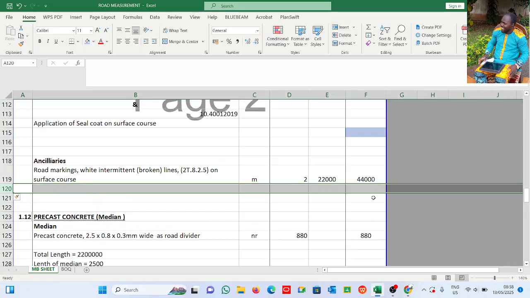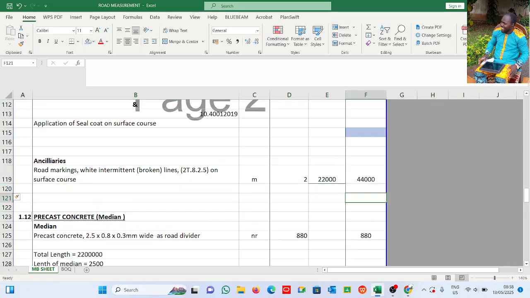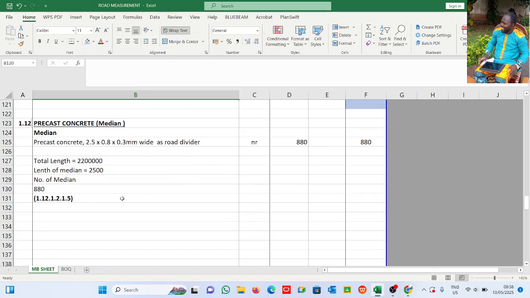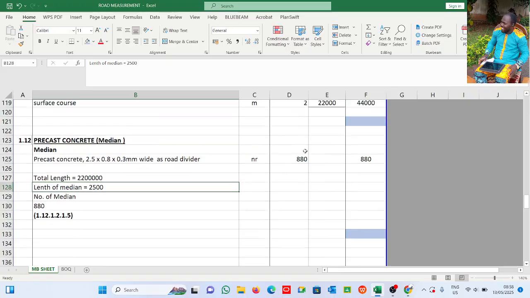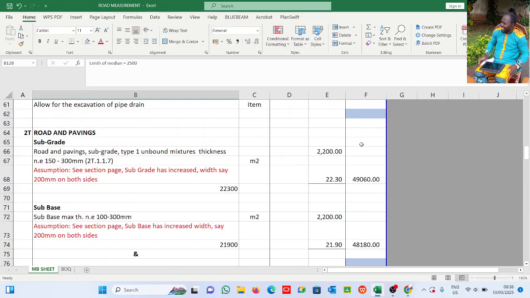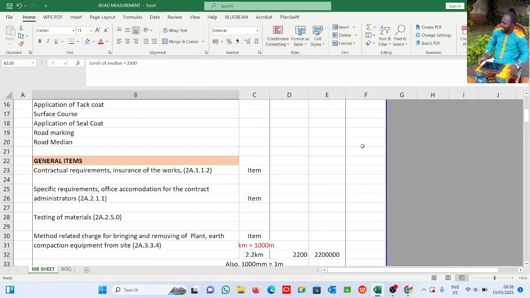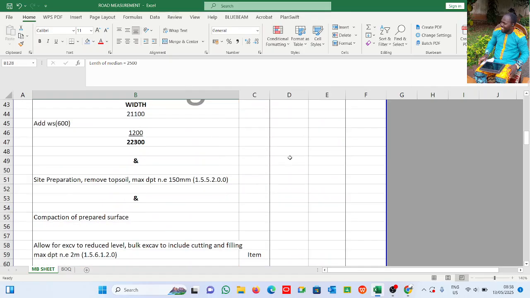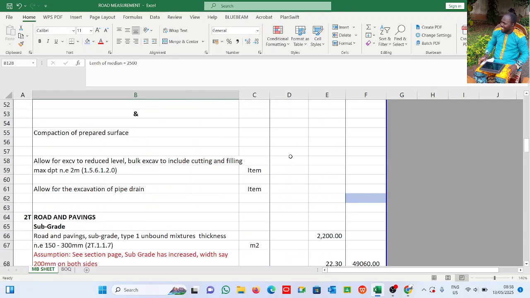Right, I put my bracket. Precast concrete, when I am done, so when you see this, just see it as bracketing. Like when you're doing measurements by hand, you bracket. You know what bracket means as a QS.